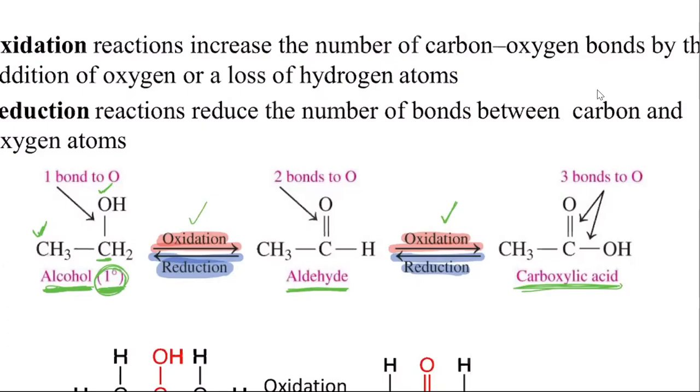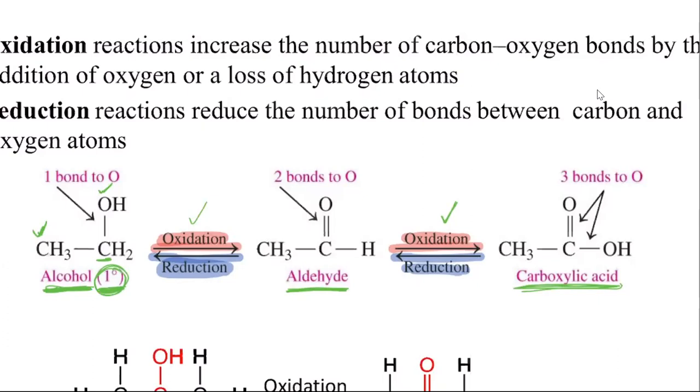Now, primary alcohols, depending on the strength of the oxidation agent, can turn all the way to carboxylic acids. And typically, if you have a very strong oxidant, you are going to be able to do that, okay? Now, reduction is going to be, again, the opposite of oxidation.